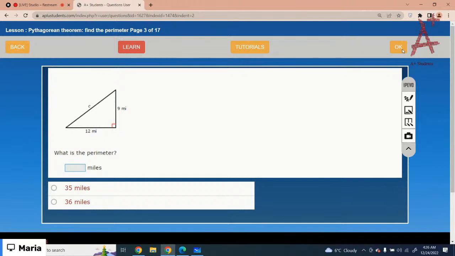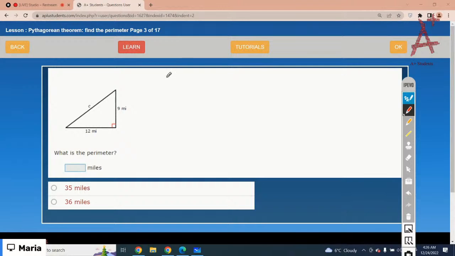The side lengths are 12 and 9. So c square equals 12 square plus 9 square, because you have to find the hypotenuse.